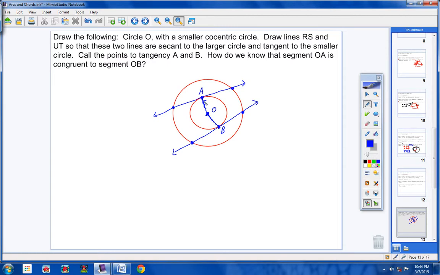Now I know they're both radii, and that's a very simple reason why AO is congruent to OB, but I'm trying to show you something more here, okay? So put these right angles in. What I'm saying to you is this: we have to remember that whenever a line is tangent to a circle, it is automatically perpendicular to the radius at the point of tangency. We learned that already in the past.